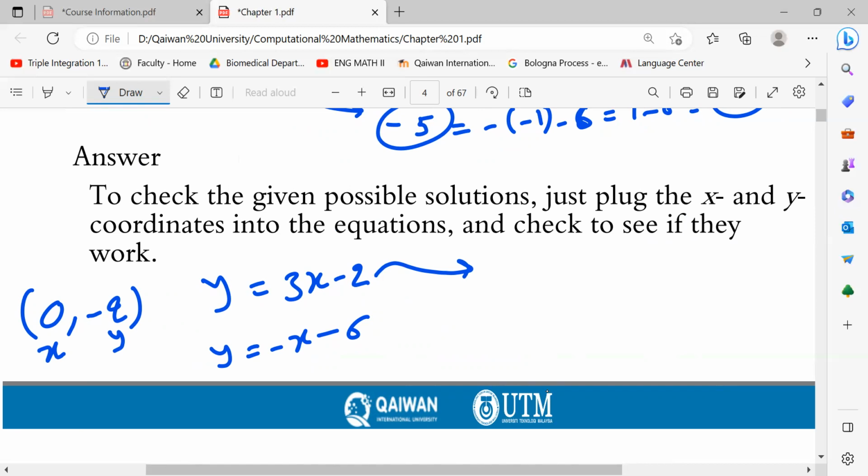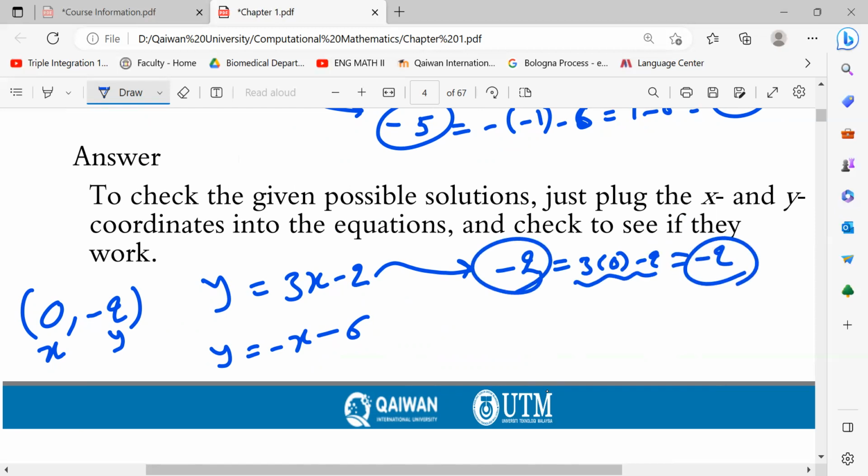Here, we replace x by 0 and y by -2. So -2 is equal to 3 times 0 minus 2, and this equals -2. As you see, it satisfies the first equation.